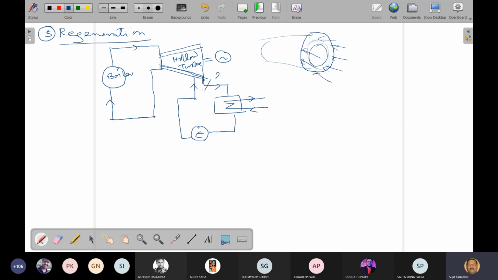You can find that this is number 2. Actually it should be 2, but it is becoming 2 dash. I think you already know it. Now this is point number 3, this is point number 1, this is 4, and this is 4 dash. So this point is 2 dash. This is the TS diagram.